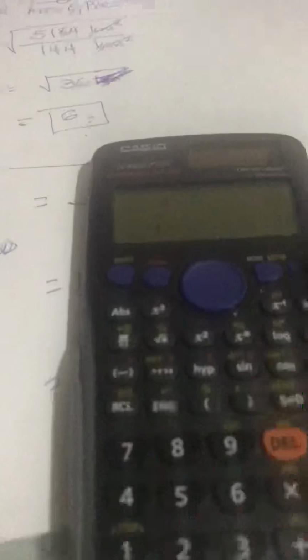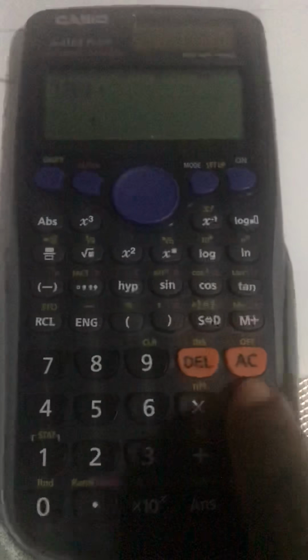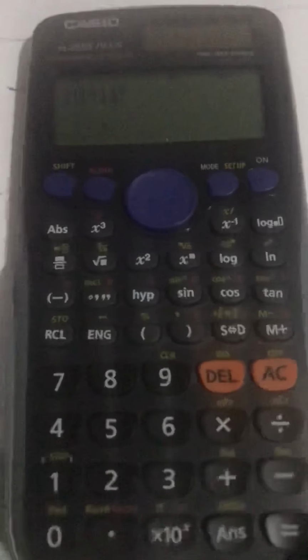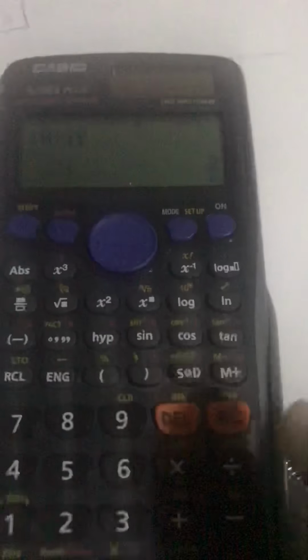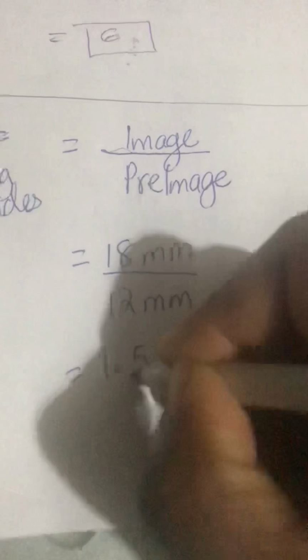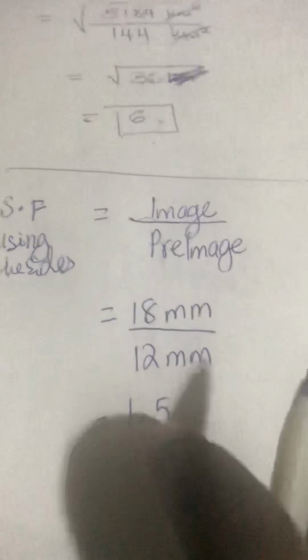So 18 divided by 12 gives me, I like working with decimals, 1 5/10. So this is my scale factor. It's not my answer. I still need to find the perimeter of this.